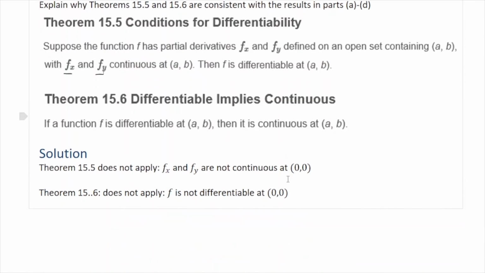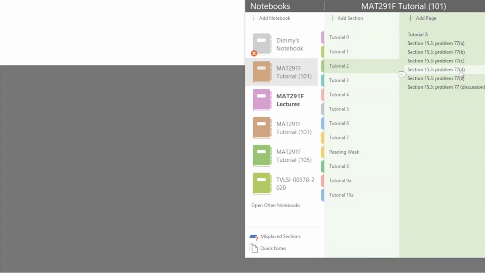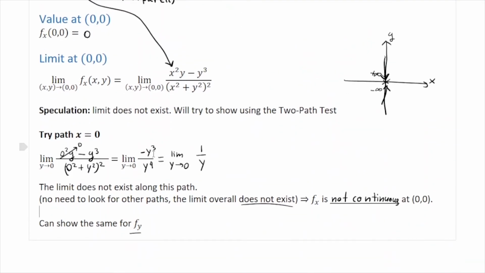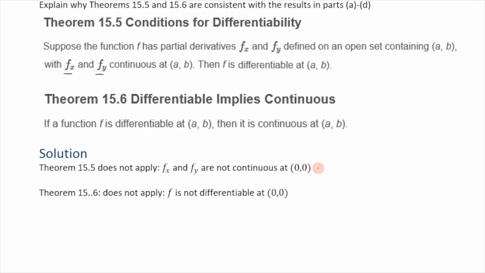Well, actually, in this case, 15.5 doesn't apply because we just found that fx and fy are not continuous at 0, 0. I think it was part D. Yeah, it was part D. We found that these two functions are not continuous. So then the theorem doesn't apply.